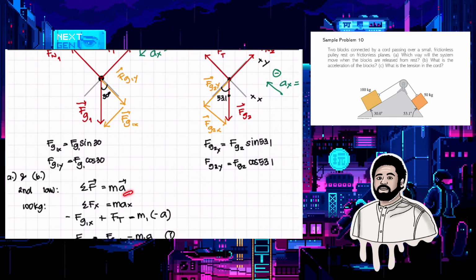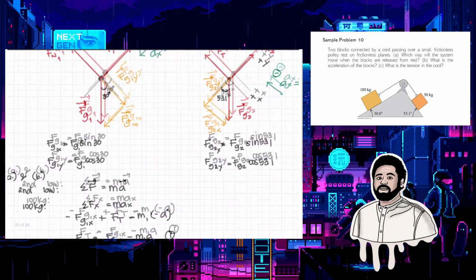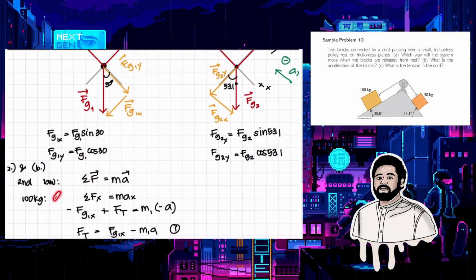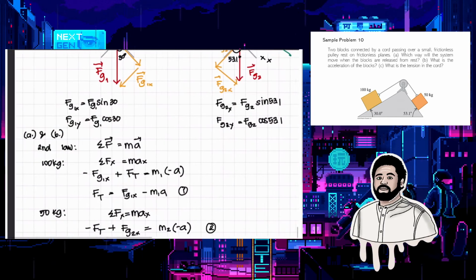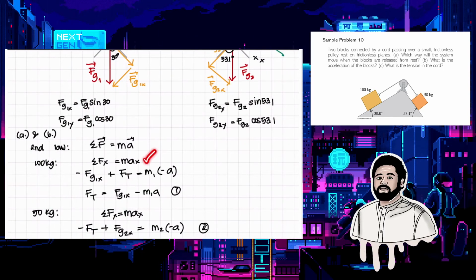Second law, summation of forces is equal to MA. Since this is frictionless, I will not be solving for the normal force. And then I don't have acceleration along the y, AY is just equal to 0. So I will go directly to summation of forces along the x-axis. Okay, so using the 100 kilogram free body diagram, summation of forces is equal to M AX.